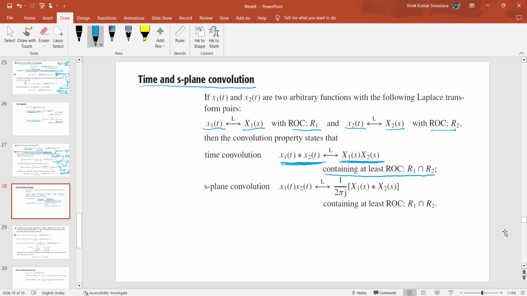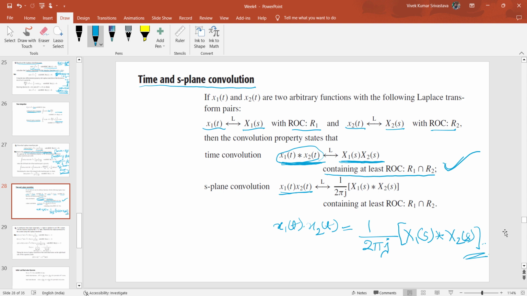Okay, so that is how we can evaluate the Laplace transform of the convolution of two signals. And if we multiply these two signals instead of convolution, then in the Laplace transform we will get 1 over 2 pi j times X1 of s convolved with X2 of s.